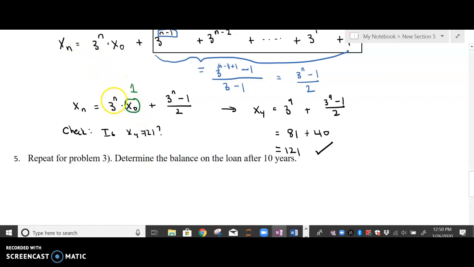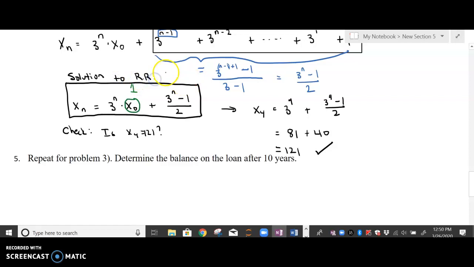You could just give me any term number that you want, and I can use this formula to calculate that term for me. What we have done is what's called the solution to the recurrence relation x_n equals 3x_{n-1} plus 1. So that's our final answer.